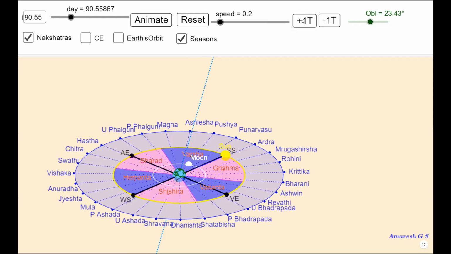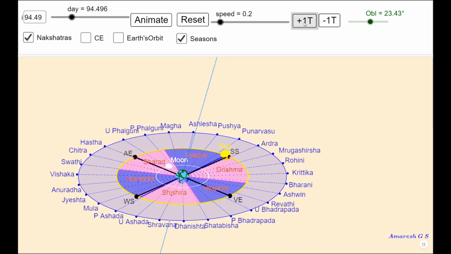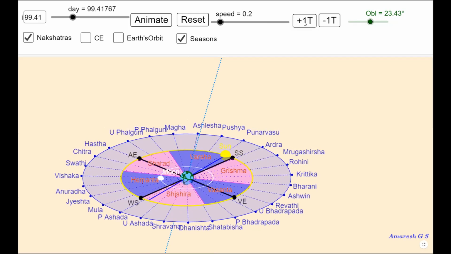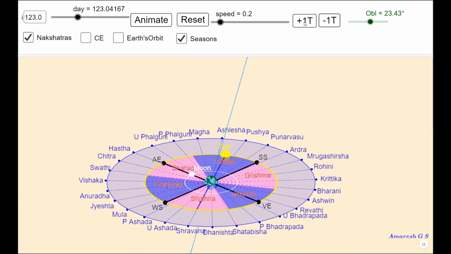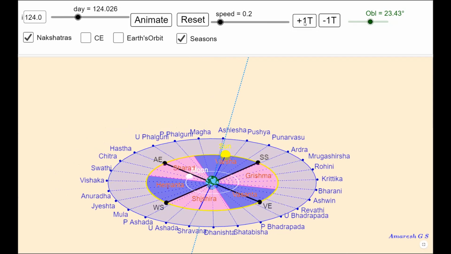Then the Varsha Rutu begins, the rainy season, and the first solar month of Varsha Rutu is Nabha. When the first month of the Varsha Rutu is over, the second month of the Varsha Rutu or rainy season is Nabhasya.